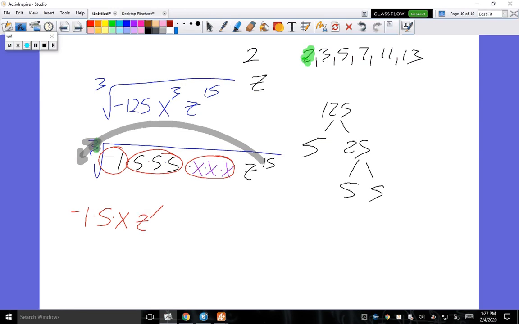Guys, did everything come out? Yeah. And technically, 1 is left underneath the house. But it's okay because the cube root of positive 1 is still 1. So multiply all this together and we get negative 5x z to the 5th. Please write the z's the way I do, okay? Again, because I want to make sure that I understand the difference between your 2's and z's.